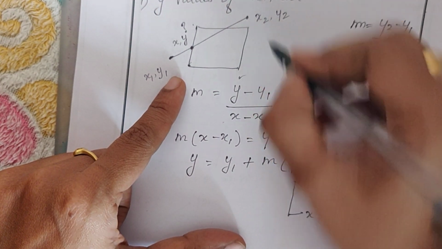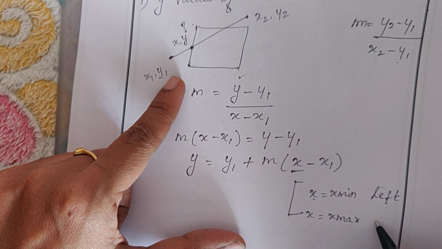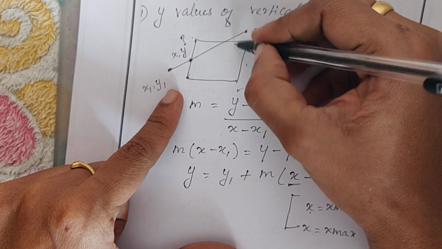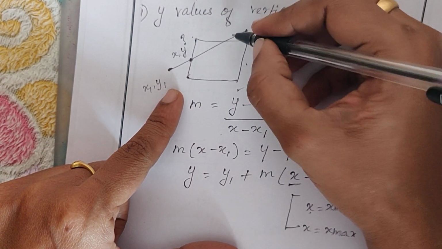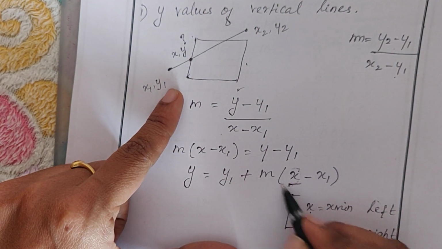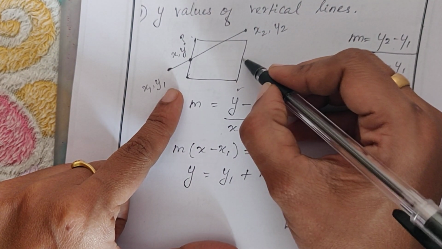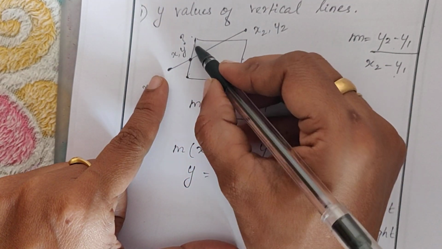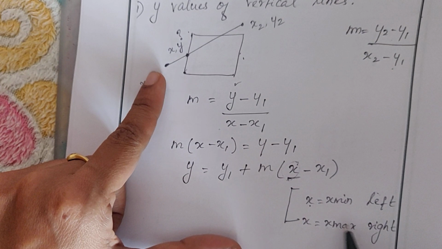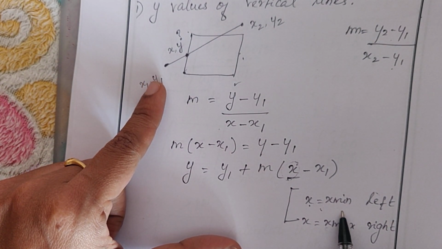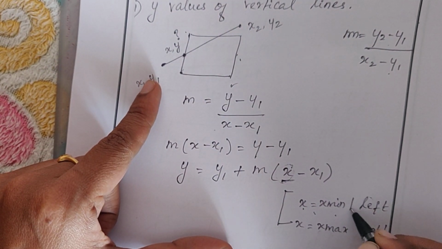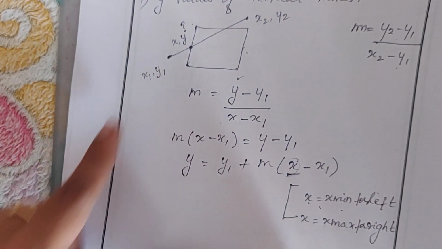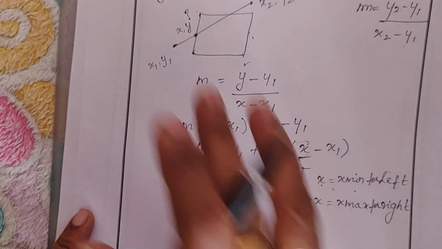If it is the right boundary, x will be x max. Suppose I have a line like this intersecting with the right boundary, then in the place of this x, I should take the maximum value of x. Here in my example, my line is intersecting with the left boundary, so x will be x min. x is equal to x min for the left boundary and x is equal to x max for the right boundary, right?